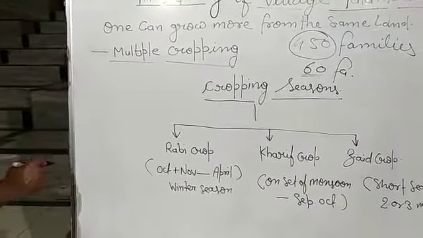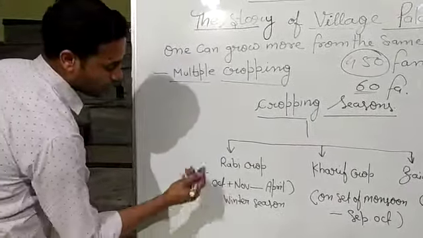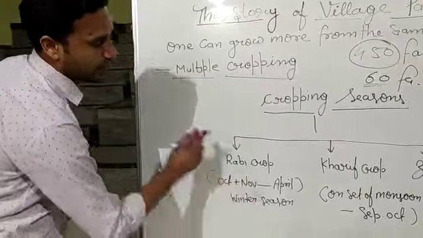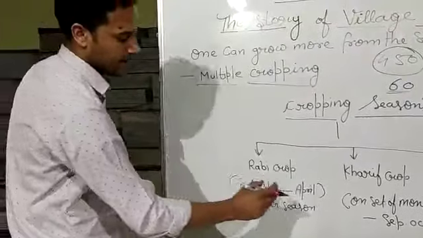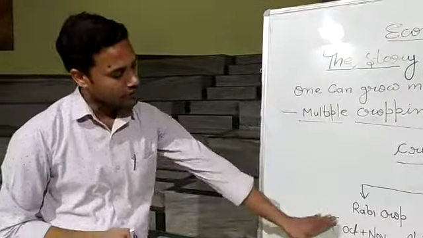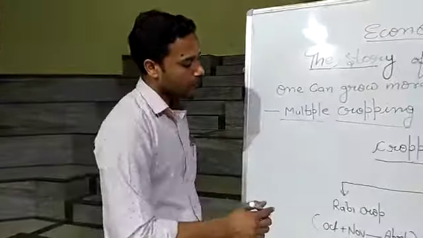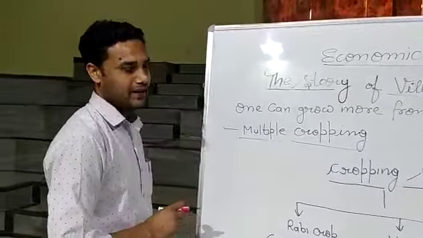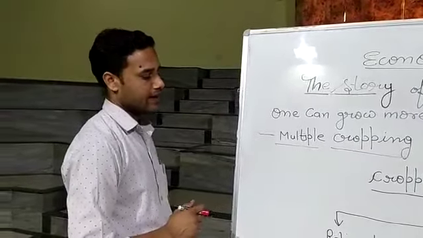Rabi crop is sown in the months of October and November and harvested in the month of April. In this cropping season, farmers mostly grow wheat and barley in a number of states in India.